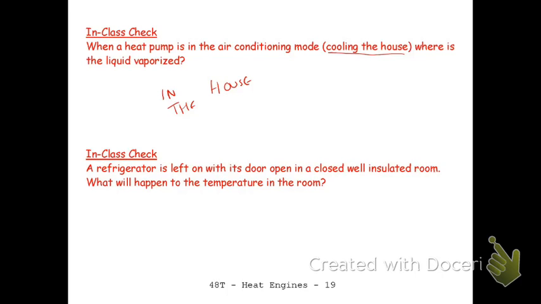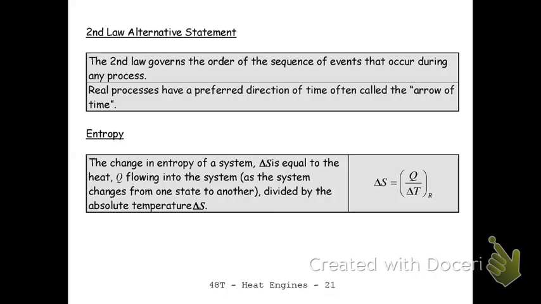So if it's a 100% efficient refrigerator, I have no change to the room, because what I cool, I give back. No change in temperature. But if it's not 100% efficient, I heat up the room because I give out more than I take in. Entropy is just like disorder. That's all I know about it.